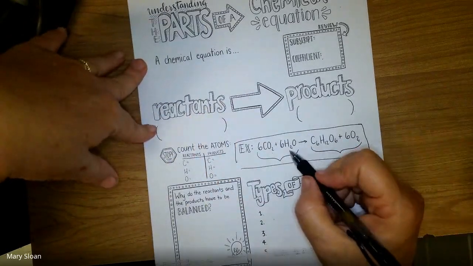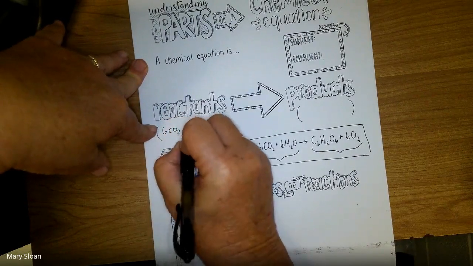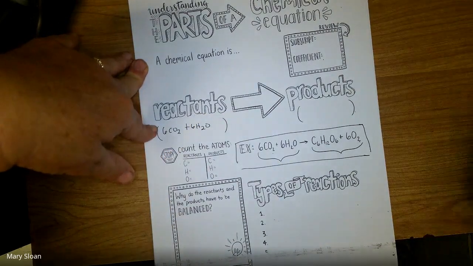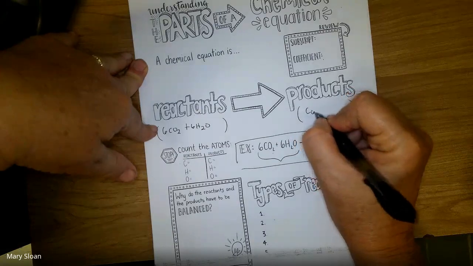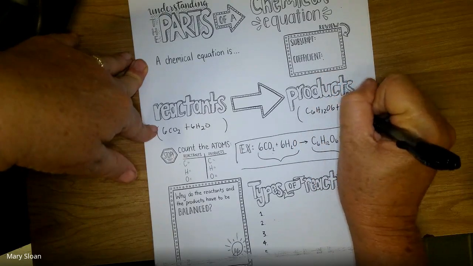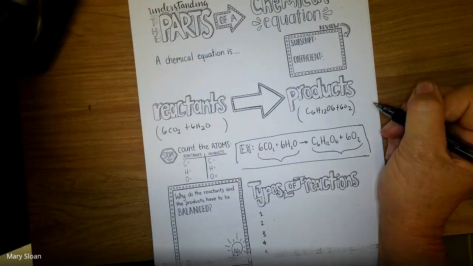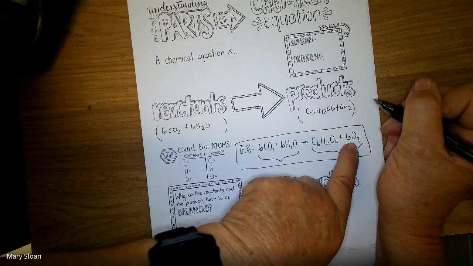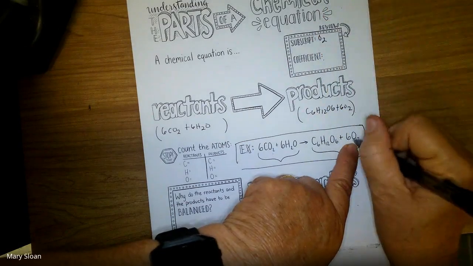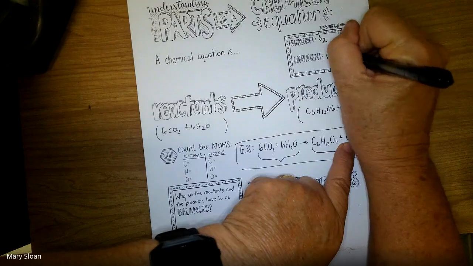So if we're talking about a reactant, we're talking about the 6CO2 plus 6H2O. That's my reactant. My product is C6H12O6 plus 6O2. In here, I have subscripts and I have coefficients. So for my subscript, I'm going to use O2. If I'm doing a coefficient, I'm going to do 6O.